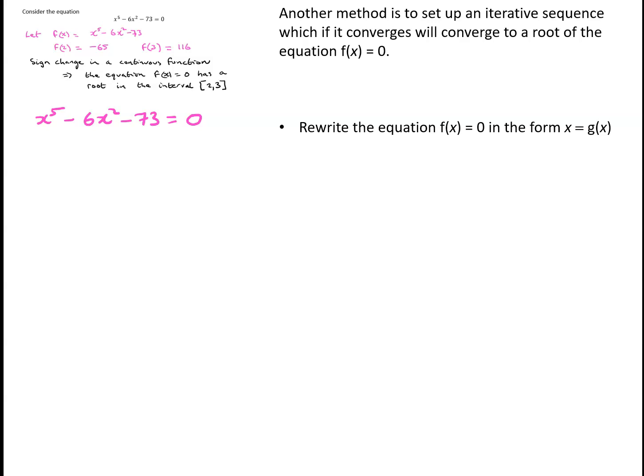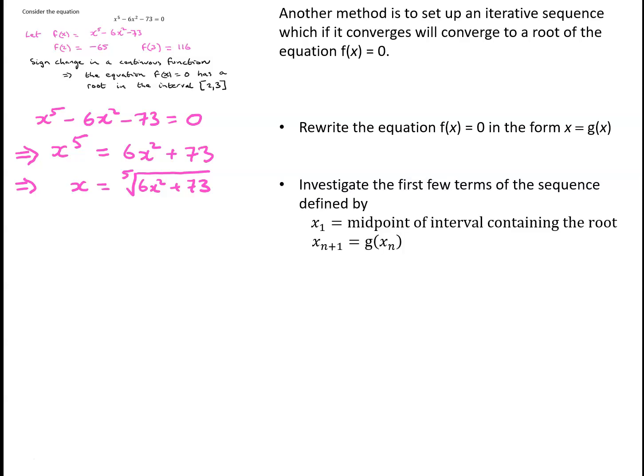So at the moment I've got the equation in the form x to the 5 minus 6x squared minus 73 equals 0. That can be rewritten as x to the 5 equals 6x squared plus 73, or equivalently x is the fifth root of 6x squared plus 73.